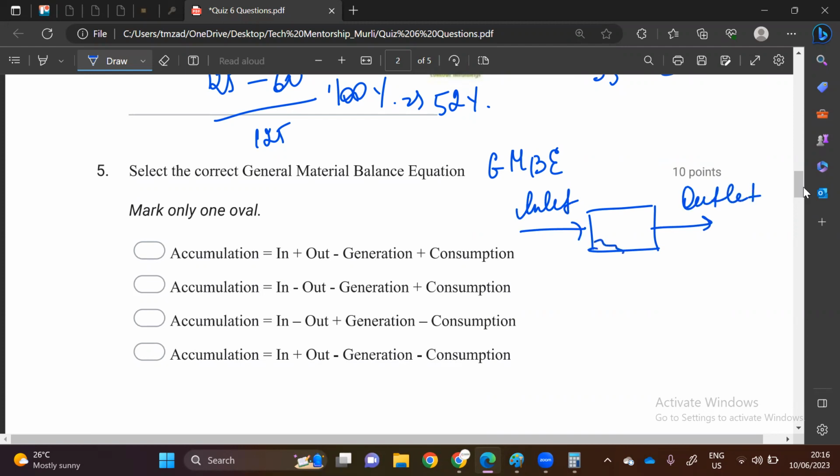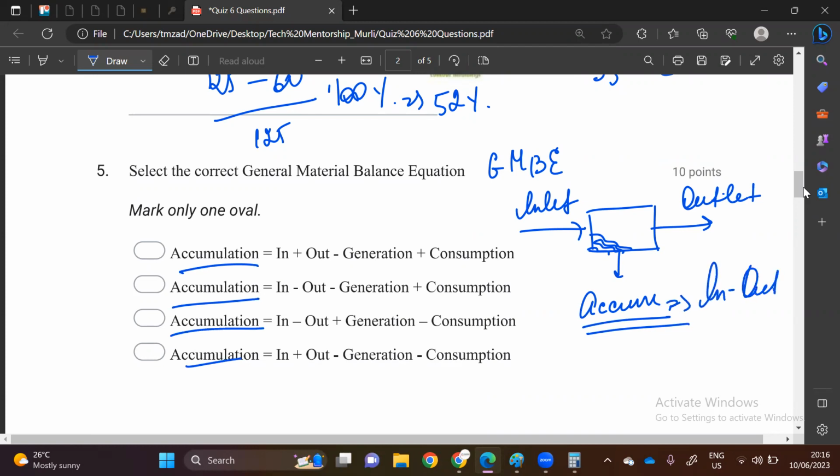Accumulation was the buildup or something like accumulated within the system. In general, the material balance equation is shown with the accumulation. Accumulation is equal to, as you say, inlet minus outlet. Hopefully we all agree in this way, because inlet is always plus, but outlet is minus. It's something going out from the system.